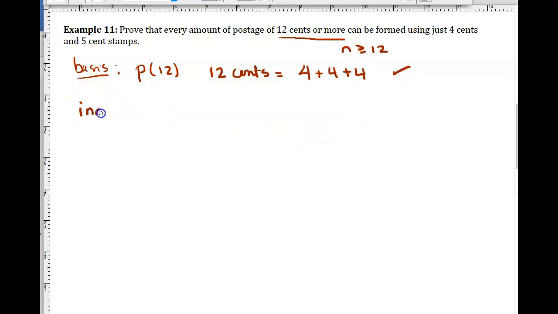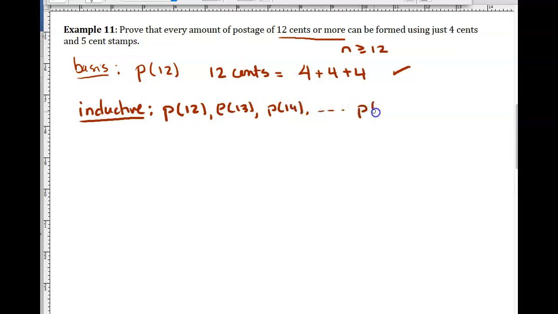Now the inductive step. This is a strong induction proof. We're going to assume that P12, P13, P14, all the way to Pk is true.